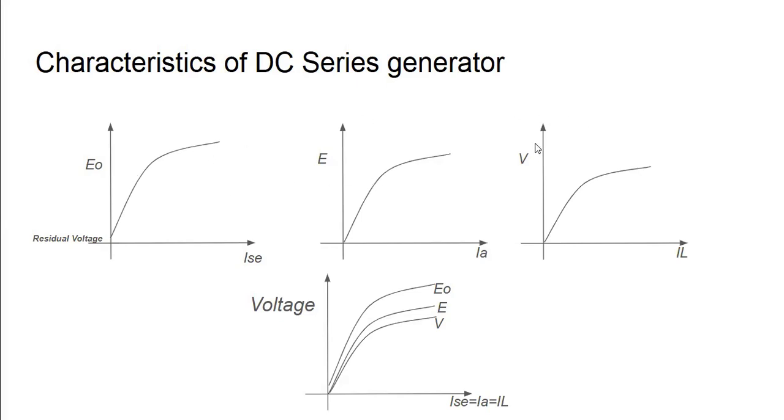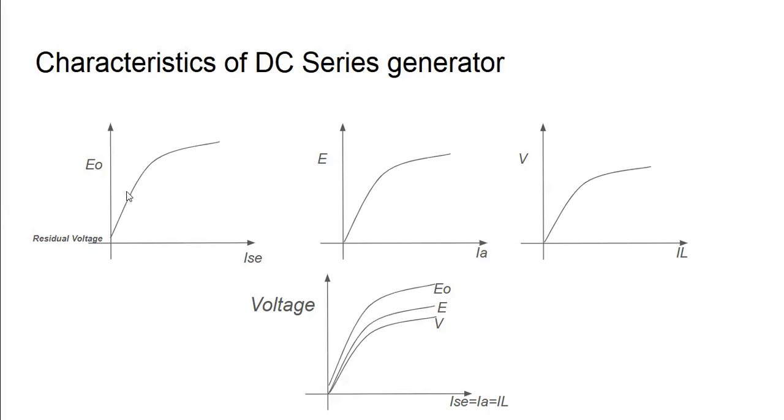And similarly, if we plot the terminal voltage against IL, again the shape will be similar to these two shapes, but it will lie slightly below these two characteristics. So this V is nothing but E minus IA into (RA plus RSE), and that value is plotted against the load current.